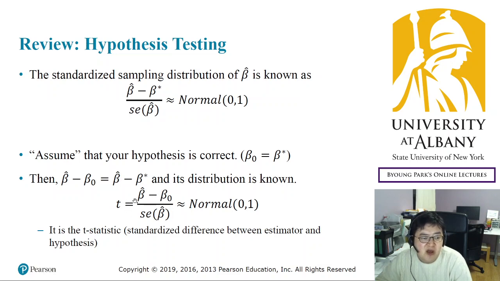If your hypothesis is correct, the numerator equals the estimation error. And if you standardize the estimation error by the standard error, that is called the t-statistic, which is approximately standard normal distribution. So the t-statistic can be understood as the standardized difference between the estimator and the hypothesis.